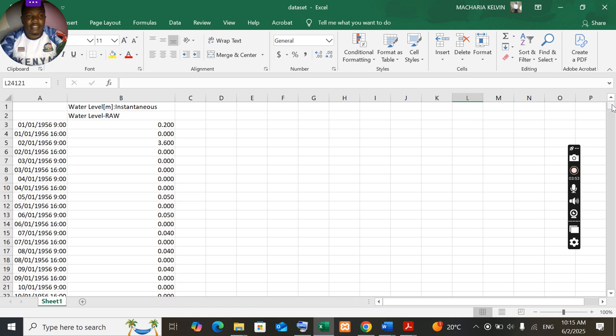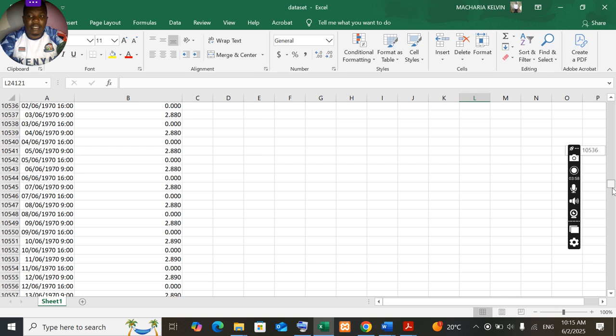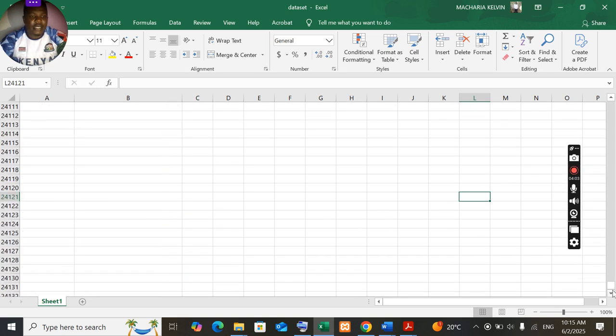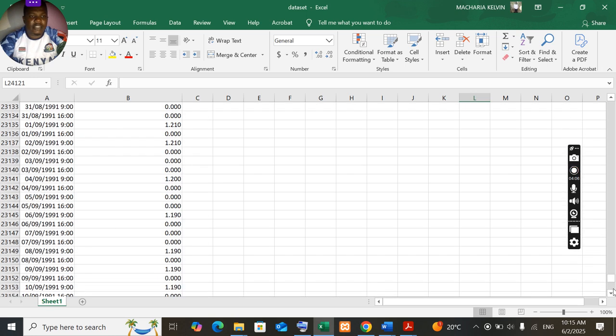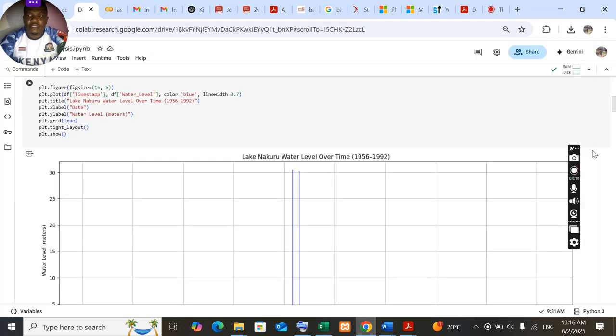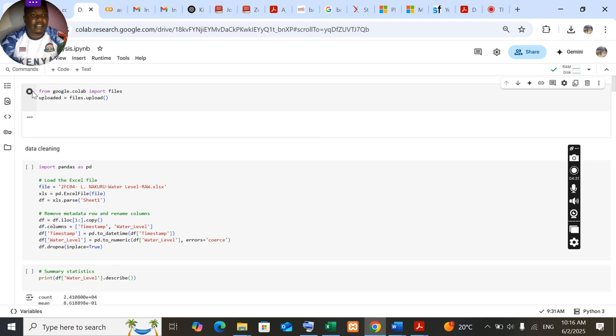I have a data set here with about 24,110 entries, and to demonstrate all this on data analytics, I will use Python. I will use Google Colab, which supports Python. So I've loaded my data set here.